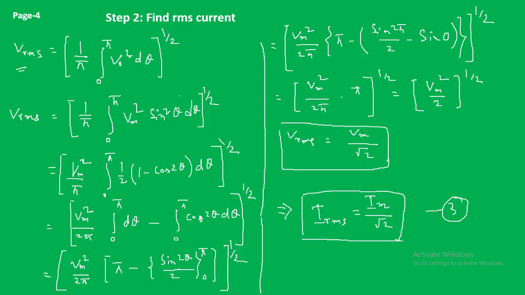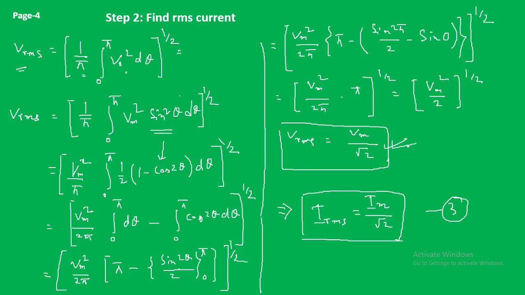Now V naught squared gives the square, this gives the mean, and the whole thing should be under the root. While solving, one important thing is that you have to convert sine squared theta into the form 1 by 2 times 1 minus cos twice theta, and then solve the integration. After solving it, we obtain V_RMS equal to V_m by root 2.